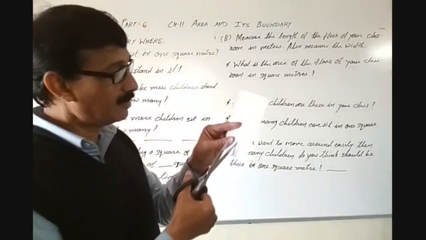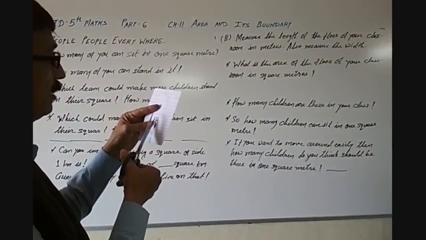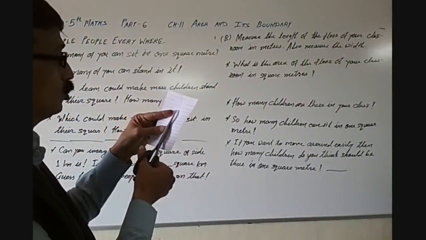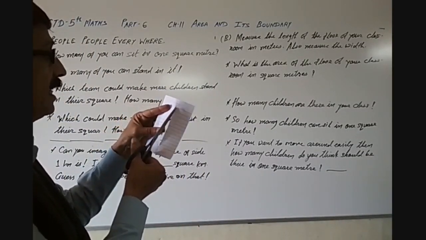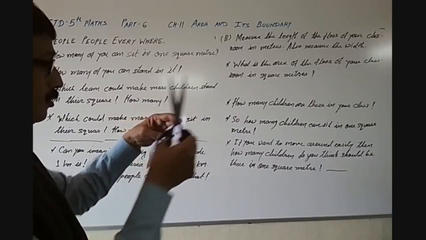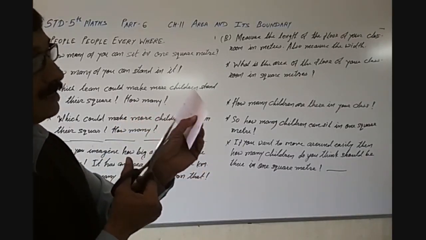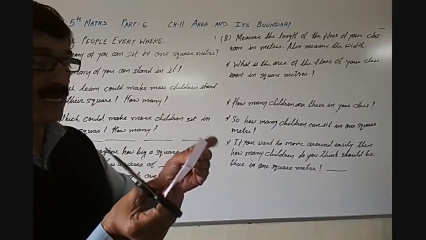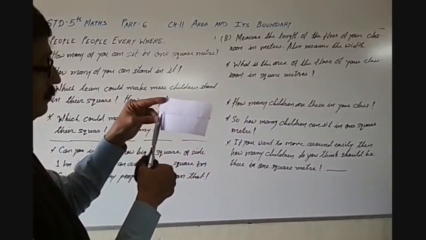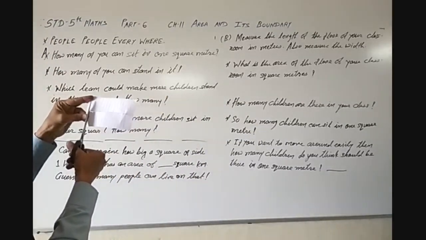See, I am cutting this I shape. I would like to hurry so that we can complete this activity as early as possible. Now cutting this side also, because I am cutting in I shape. This side, can you see this? This side also.